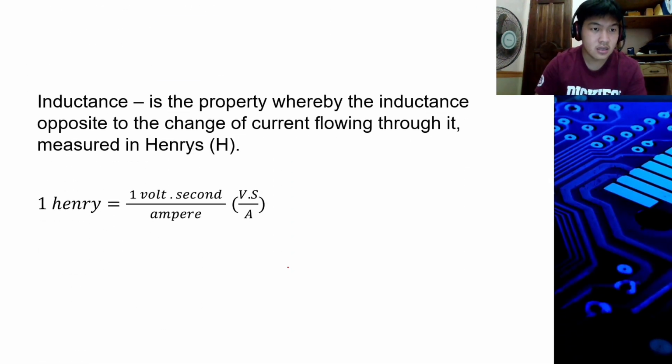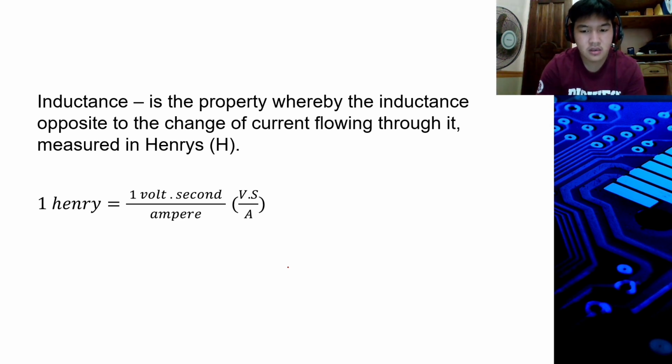Okay. Inductance is the property whereby the inductor opposes the change of the current flowing through it, which is measured in henries. So 1 Henry is equal to 1 volt-second per ampere. Therefore we can define inductance as the property of the inductor that opposes the change in current.